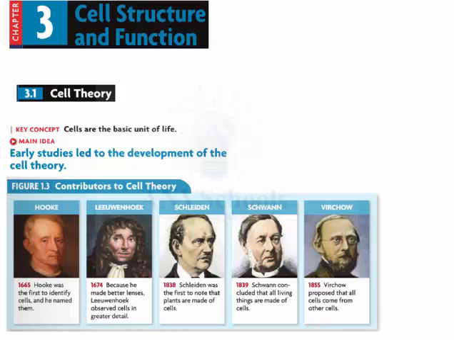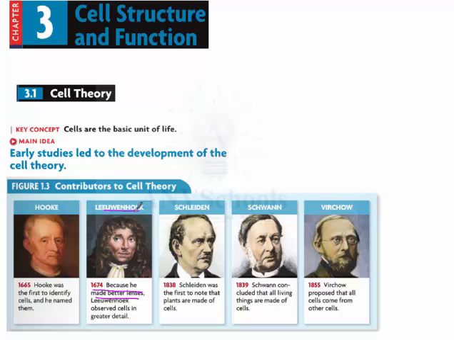Here we have the pictures of these important people. So in 1665, Hooke was the first to identify cells, and he named them. In 1674, Leeuwenhoek made lenses.